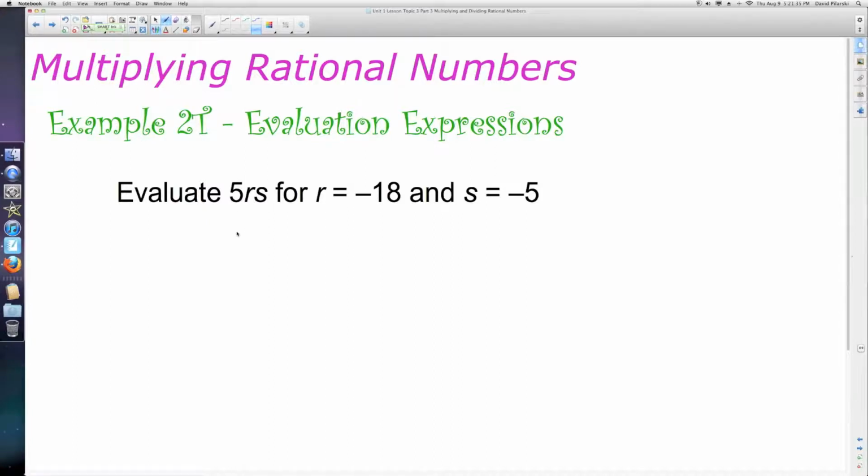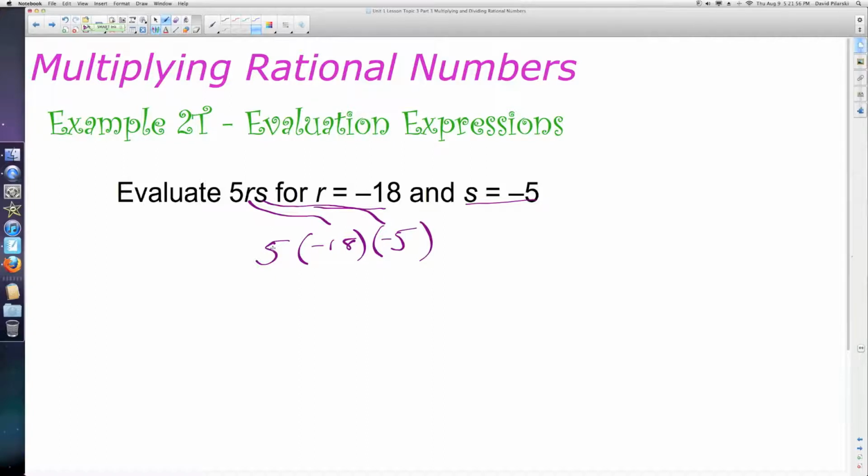That means multiplication. So we substitute in -18 for r and -5 for s, and that'll be 5 times -18 times -5.